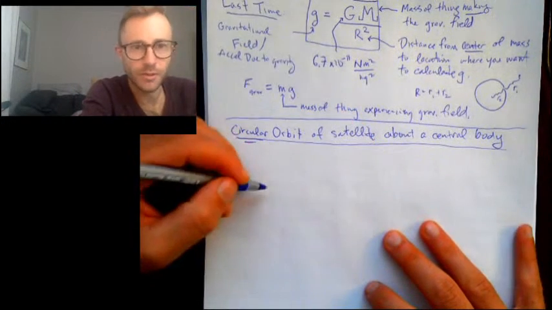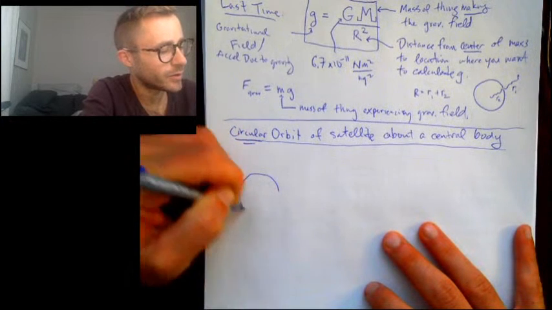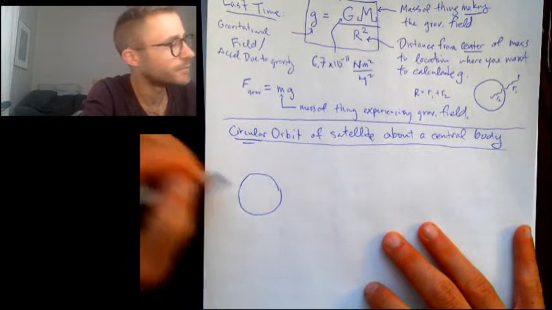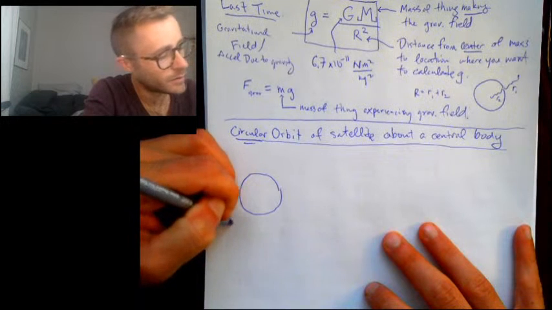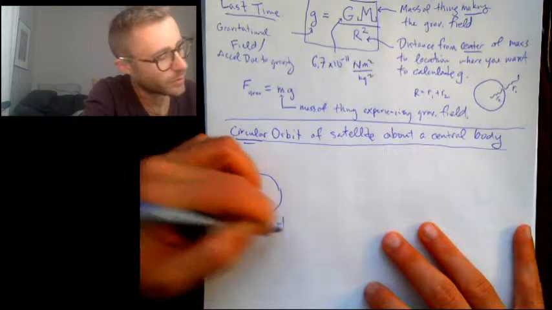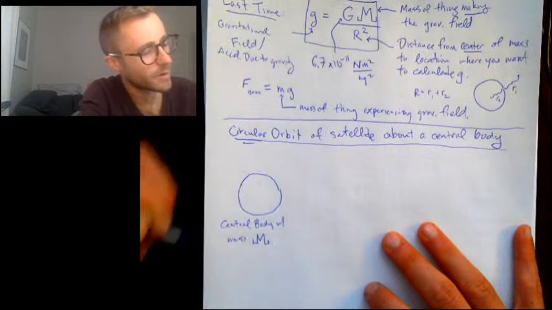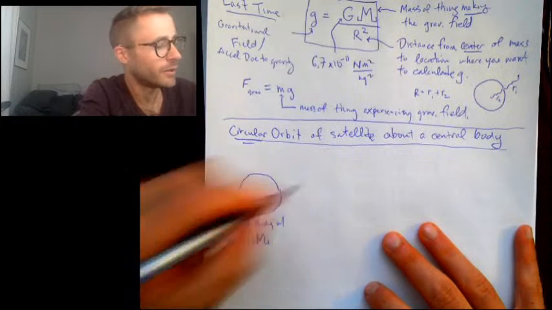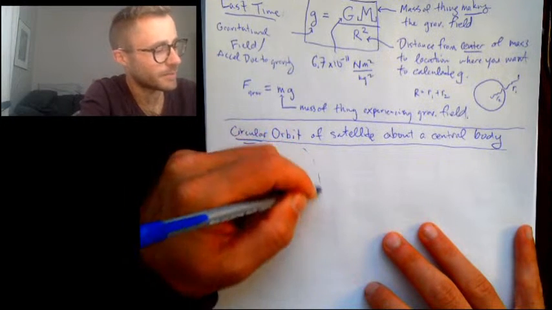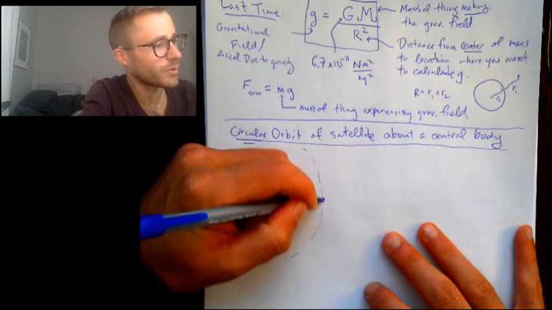Let me draw a picture of what that would look like. You have a central body with mass big M. And then you have a satellite that is in a circular orbit.